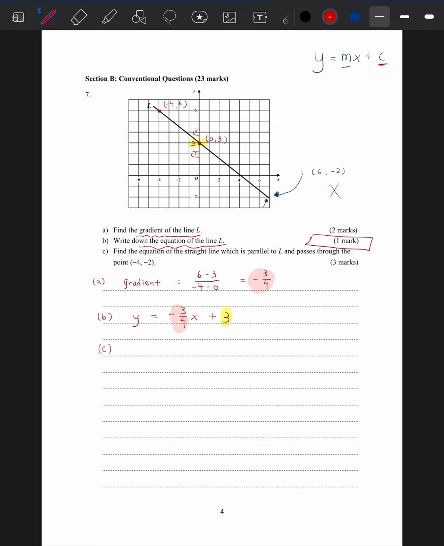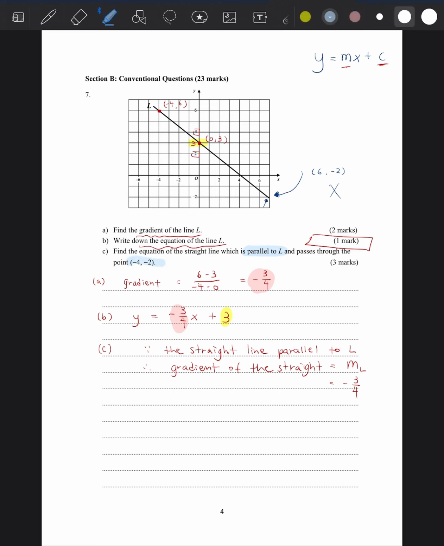So part C, it says if the equation of a straight line is parallel to your L. So there's another line here which is parallel to L. So when you know it is parallel, because the straight line is parallel to L, therefore the gradient of the straight line equals the gradient of L. So therefore the gradient of the straight line is -3/4 as well.